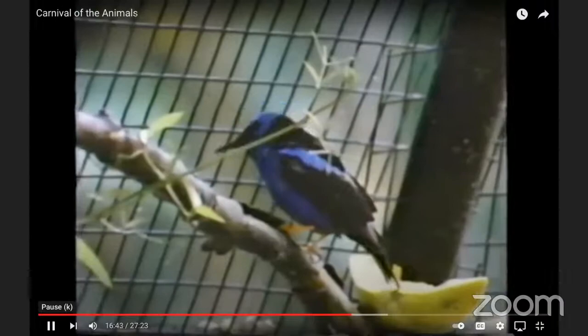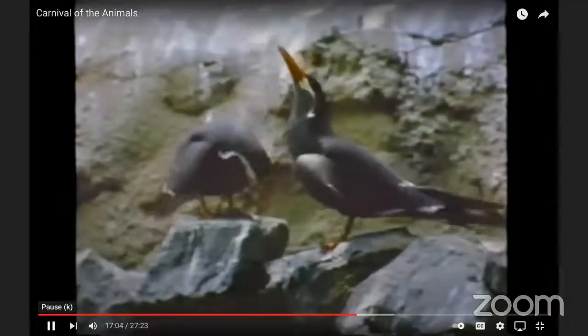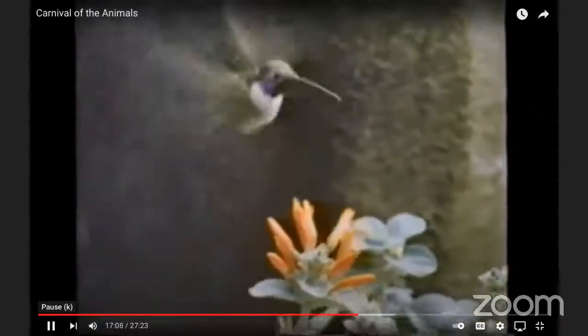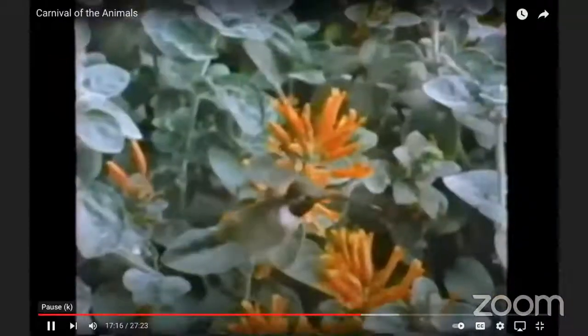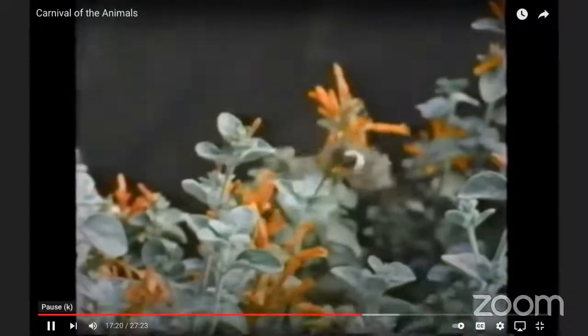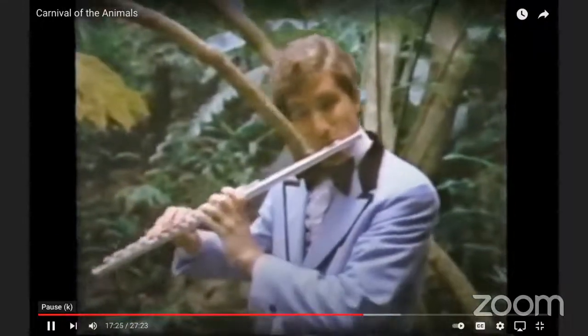That's the flute. What's the instrument that represents the aviaries, the volieri?